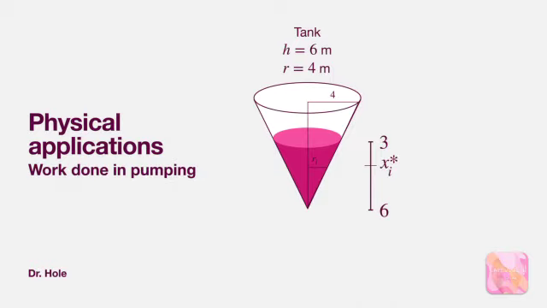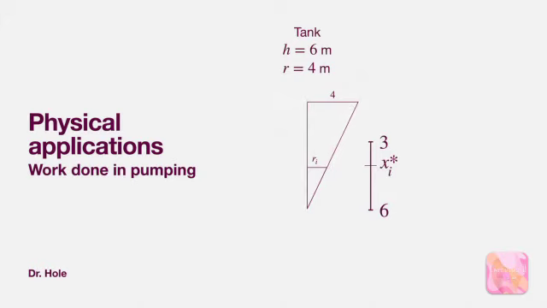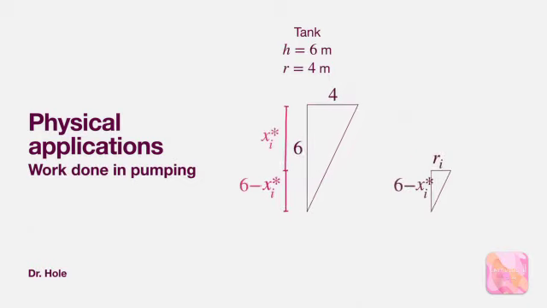And then this is the information that we want to take away from our picture of the cone. We just want to work with these similar triangles. Let's continue to label. I'm going to redraw the triangles. So remember that the large triangle is going to have a height of 6, and that the smaller triangle results by reaching into the cone by a depth of xi. So we want to take away that xi from 6 to come up with the height of the smaller right triangle.